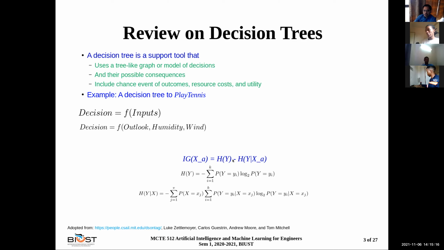But if the information gain is big for a certain layer, then we choose that as our preferred layer for constructing our decision tree. And so we have the entropy, the absolute entropy and the dependent entropy, that will help us compute the information gain. Okay, so we have this one.